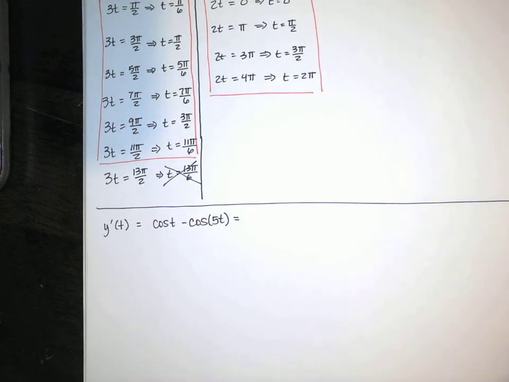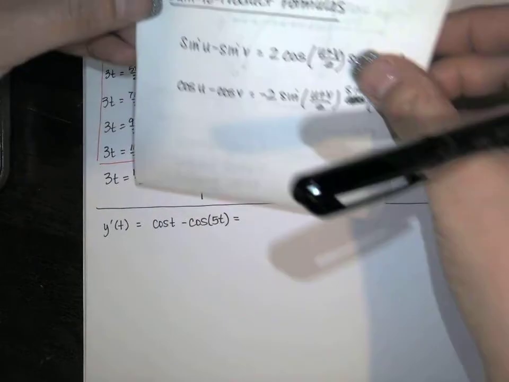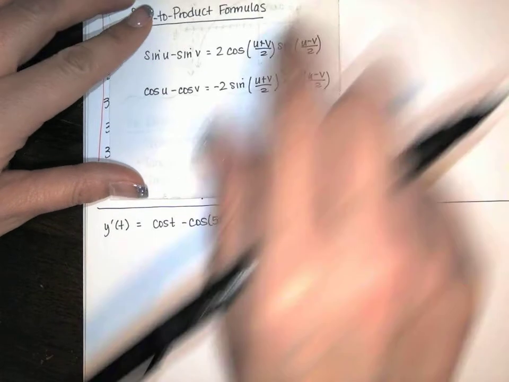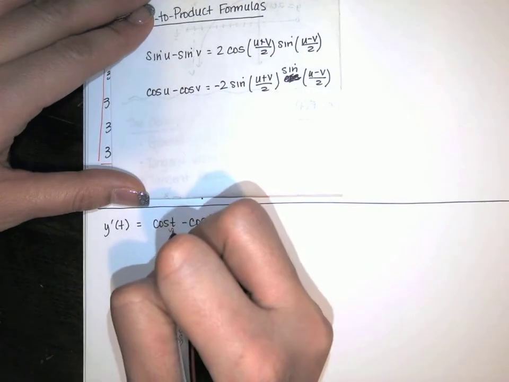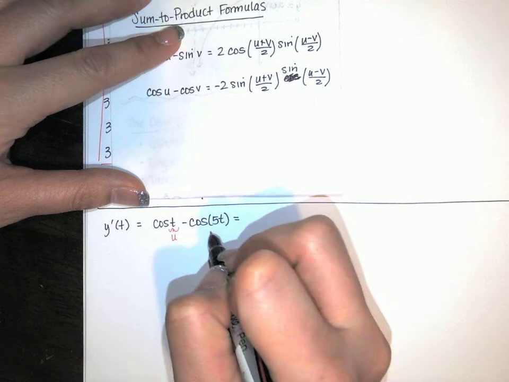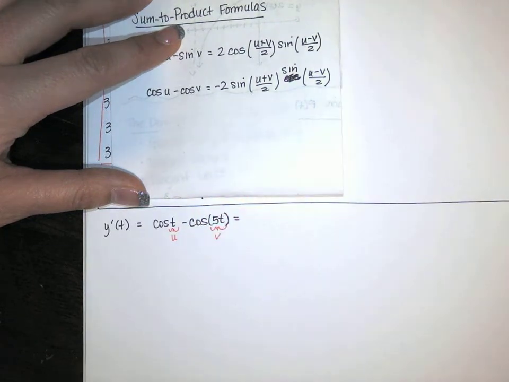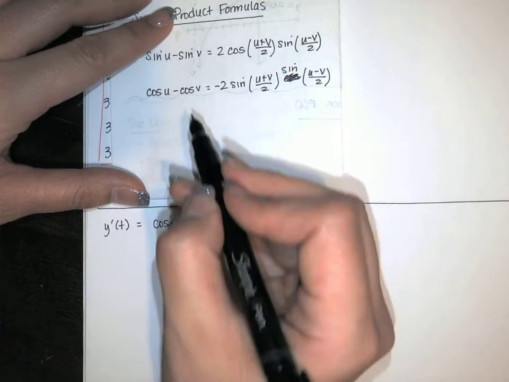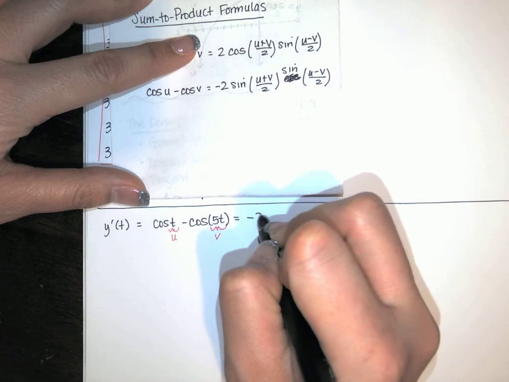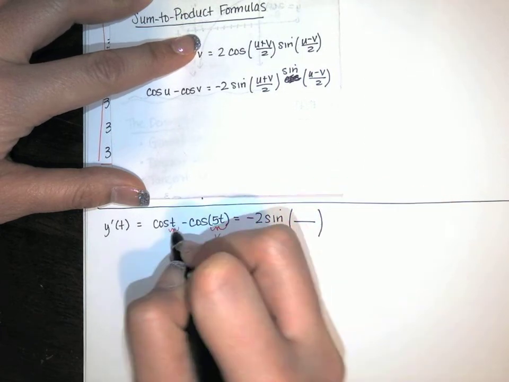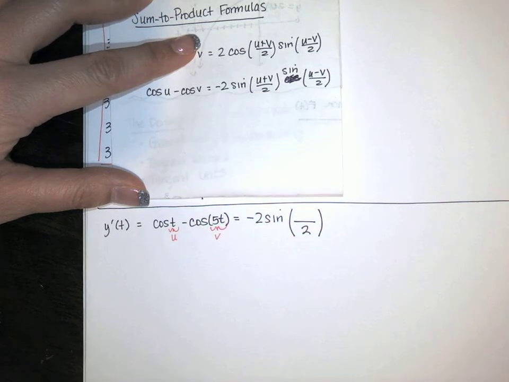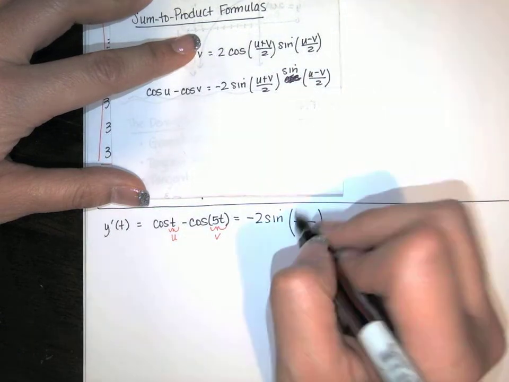And we've got an identity for that. So u in our case is t. This is our u. And v in our case is 5t. So according to this identity, I get -2 times sine of the sum of the two angles divided by 2. So it's a t plus a 5t.